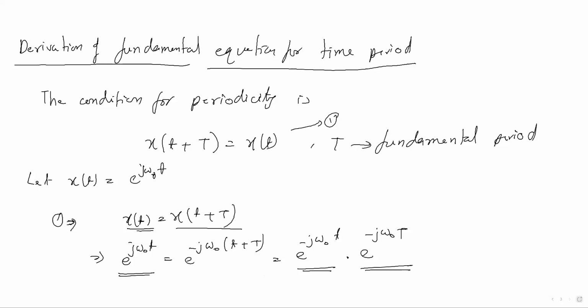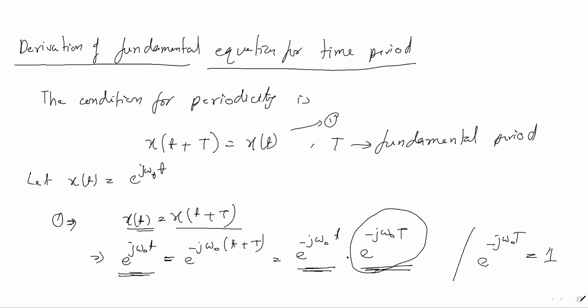Take the note. This is the left side and this is the right side. Both sides are equal when e to the power minus j omega T is 1. When this term is 1, only then both sides will be equal.